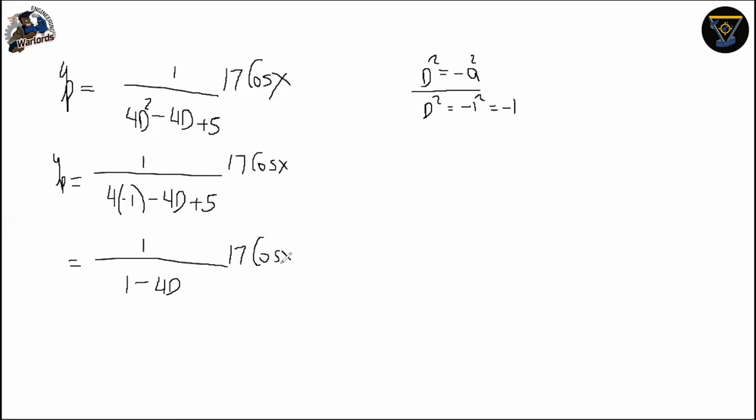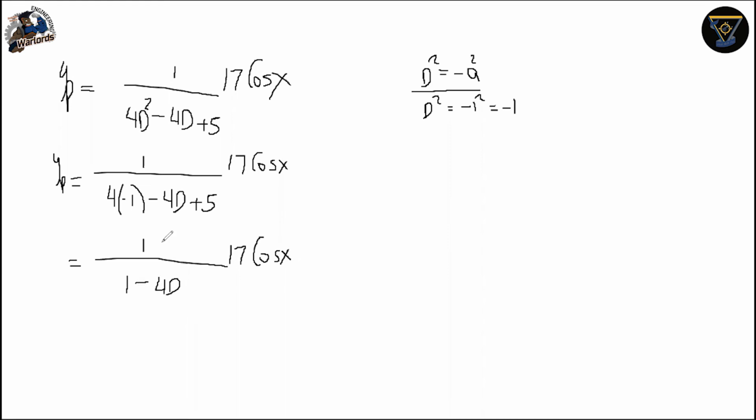Next thing you need to do is that there's something called your composition. So all you do is that you multiply it by 1 plus 4d. So all you do is that you change the sign of what is inside the middle, right?